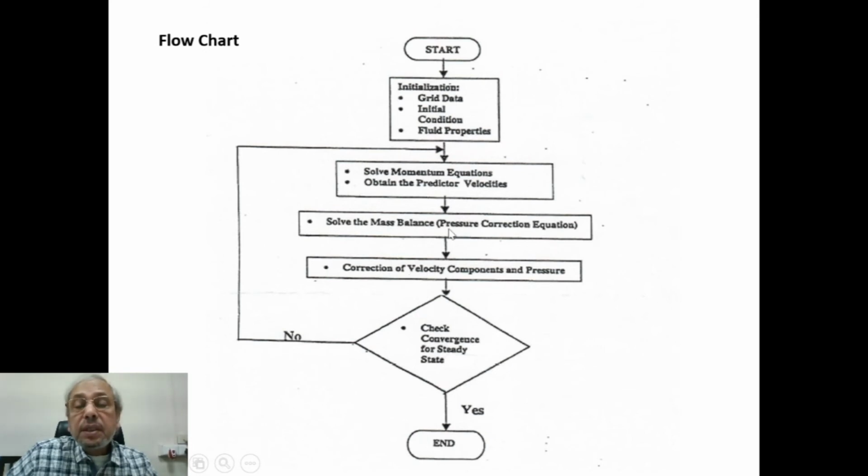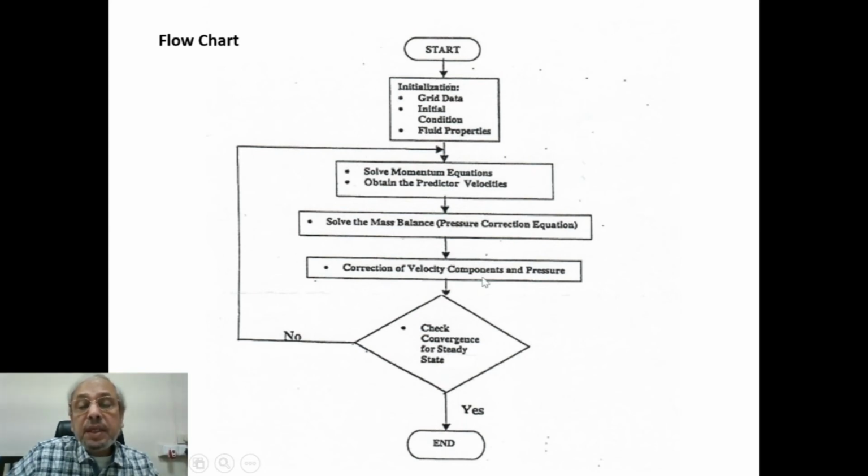These corrections result in finally correction in the velocity components and pressure in each cell.